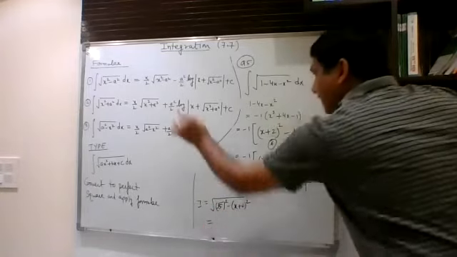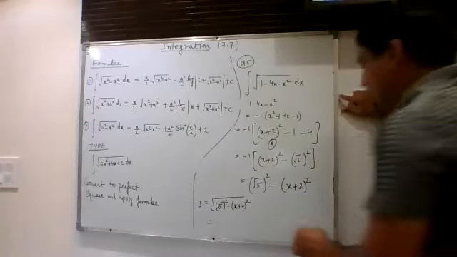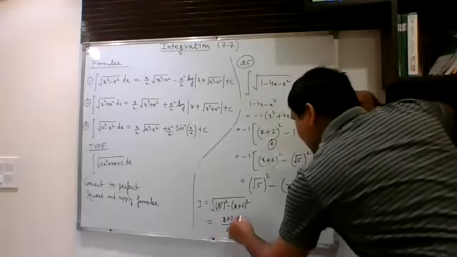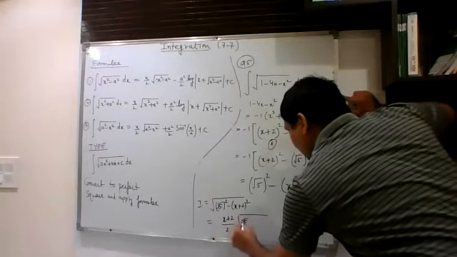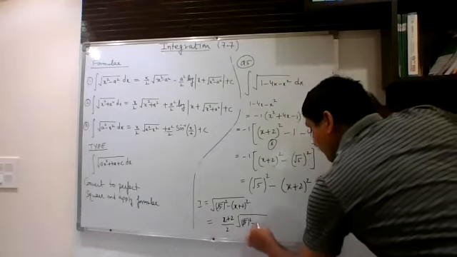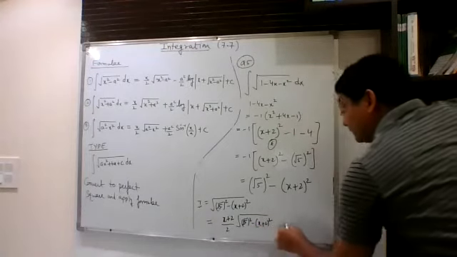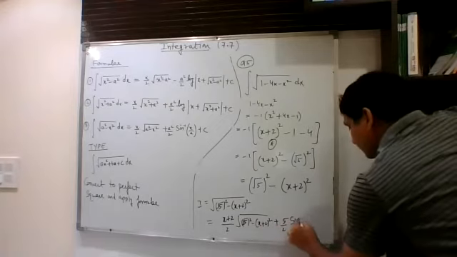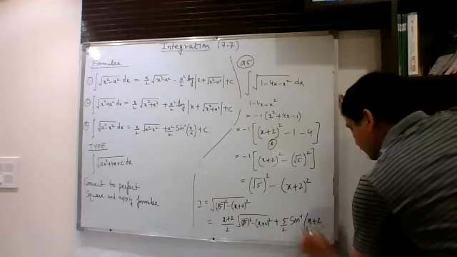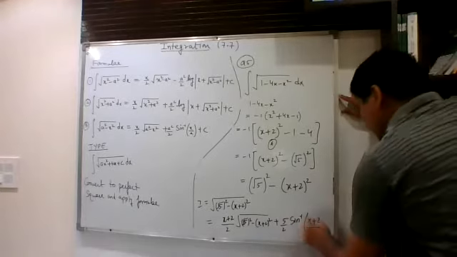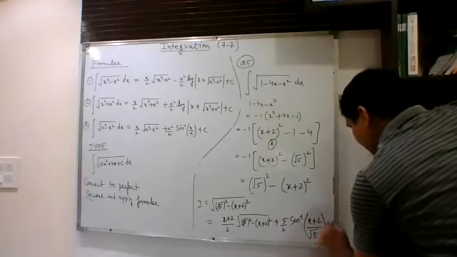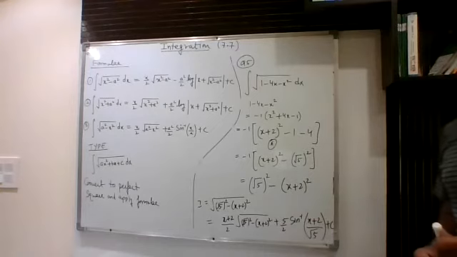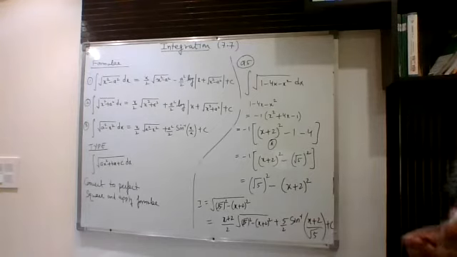So as per that third formula, this will be x plus 2 upon 2 under the root of 5 square minus x plus 2 whole square plus a square upon 2, that is 5 by 2 sine inverse x plus 2 upon a. A is root 5, plus c. So this will be your final answer for this question number 5.